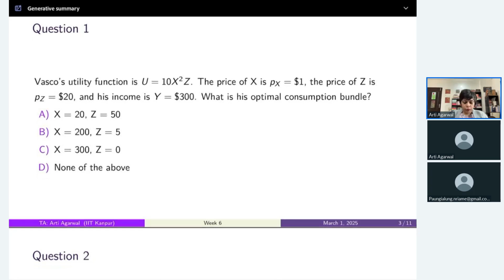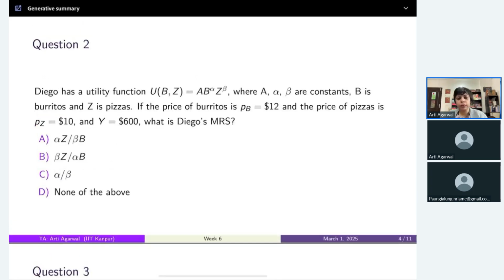Okay, so let's go to the next question, which is again a similar kind of an expression, but we are not solving the same kind of a problem in this question. Slightly different. So in this question, we are given that DIGO has a utility function of u in terms of b comma z is equal to a b to the power alpha and z to the power beta, where a, alpha, beta are constants, b is burritos, and z is pizzas.